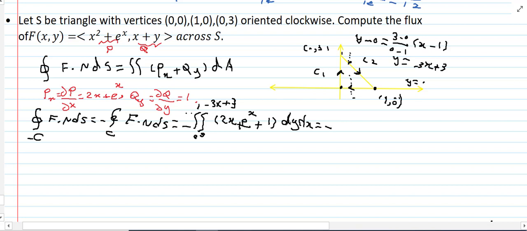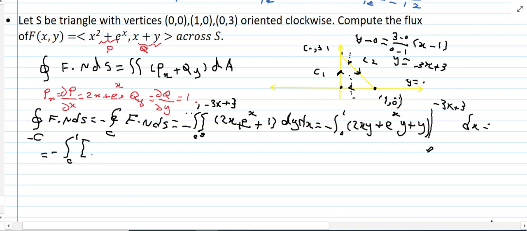Now we can compute this double integral. First, with respect to y, we get the integral of 2xy plus e^x y plus y, where y changes from 0 to minus 3x plus 3, then we integrate over dx. We replace y with minus 3x plus 3.